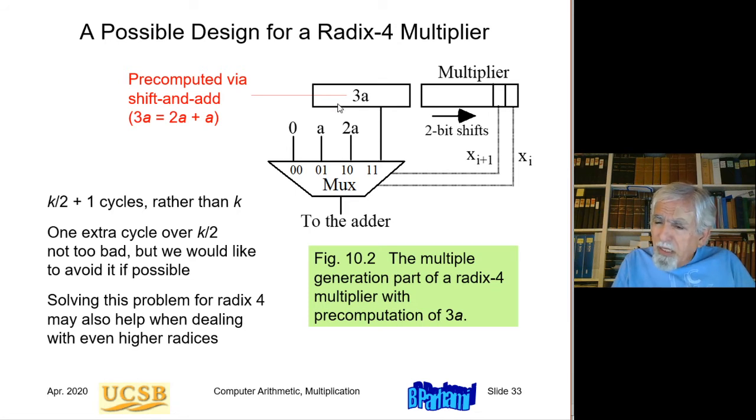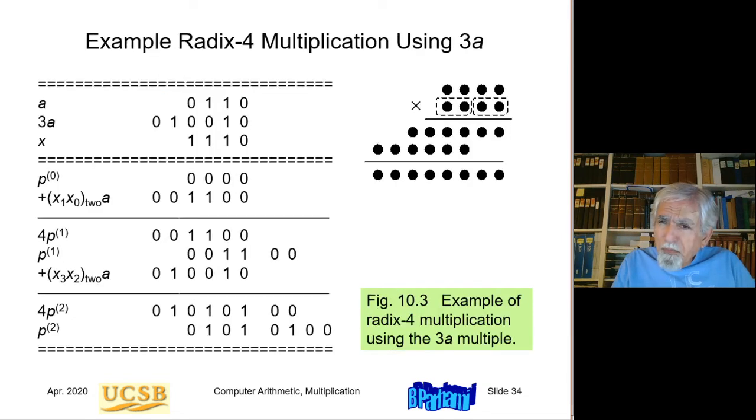So we need an extra register in the multiplier, and we need an extra cycle of computation time. But the rest of the process is almost twice as fast. So that's one way to do it.